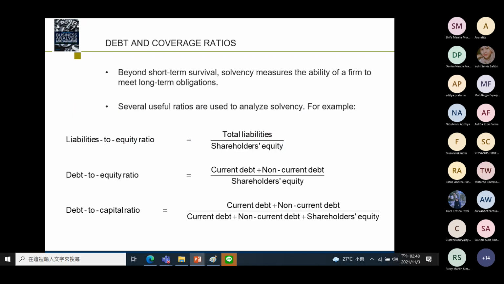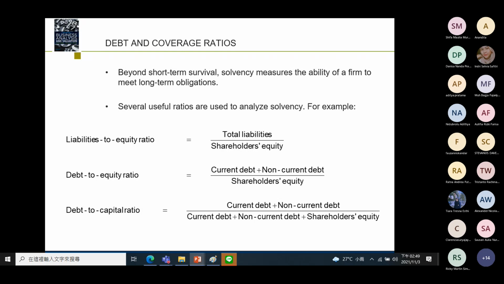Debt and long-term solvency. A company's financial leverage is also influenced by its debt financing policy. There are several potential benefits from debt financing.